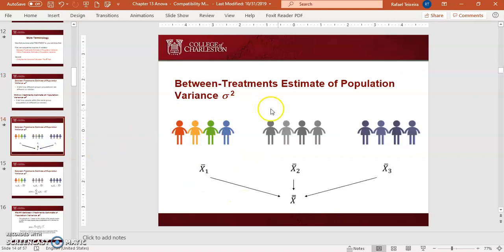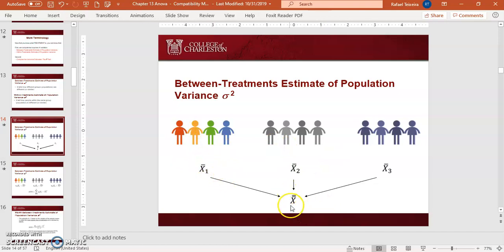Let's take a look. Going back to my example of our class using Excel, half using Excel and half using a calculator, and no Excel, just calculator. Each group is going to have different mean grades, okay?